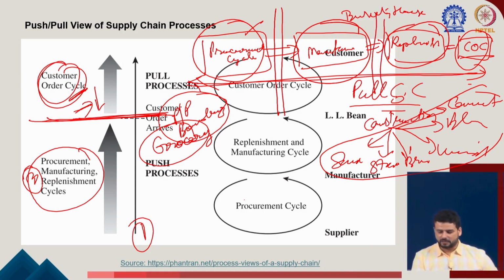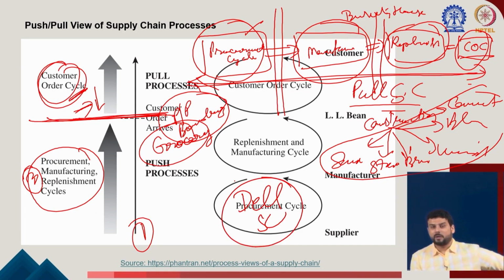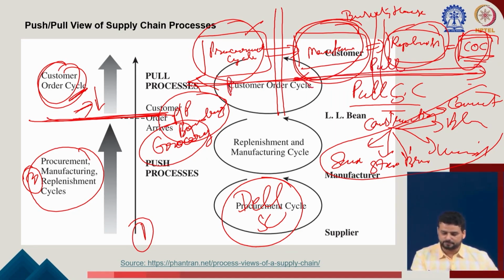Yes, if we are talking about the Dell supply chain, let's talk about this. It is again very interesting. What the Dell supply chain is doing: the customer is coming to your retail shop, and then you start manufacturing. That means up to this it is a pull process, but here it is push, because they have all the raw material components, whatever capacity you want, SSD, how much capacity you want, which processor you want, right?